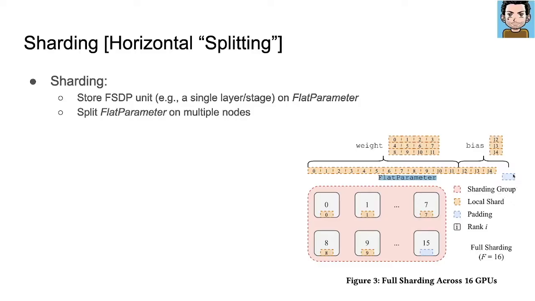So we zero pad the flat parameter, so it is divisible by the number of GPUs. Once we have created that flat parameter structure, we shard it across our GPUs. In this toy example, each GPU will get a single element, and from now on, each GPU will be responsible for its own part of the flat parameter.